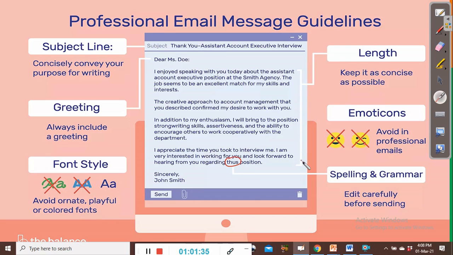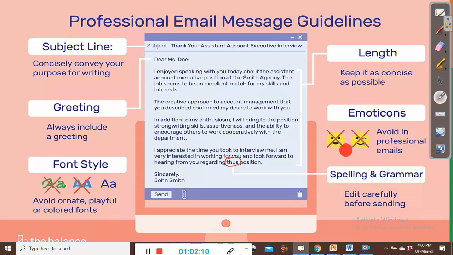It also varies from one email to another. If you are writing a promotional email or a new product announcement email, you need to include adequate information, and so it can be a bit lengthy. But if you are just discussing something that doesn't need great length, you just keep it as concise as possible.